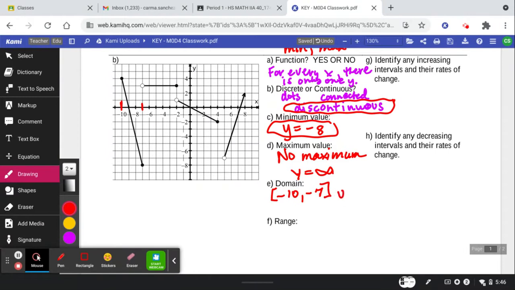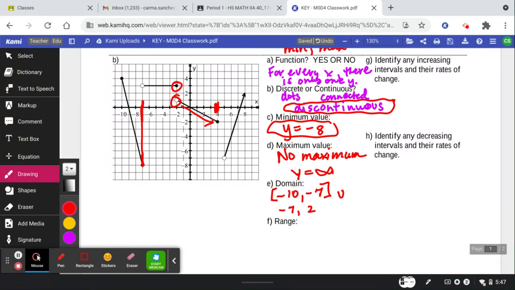And then we write a U for union, meaning and, then it starts here at -7 and goes to 2. But notice right here at the 2, where it actually stops up here, but then starts back up again at 2 and keeps going. So instead of saying it stops at 2, we can actually say it keeps going until 4. Okay, well, wait, can't we just say that here as well then?